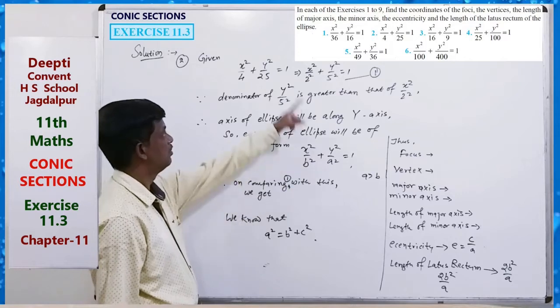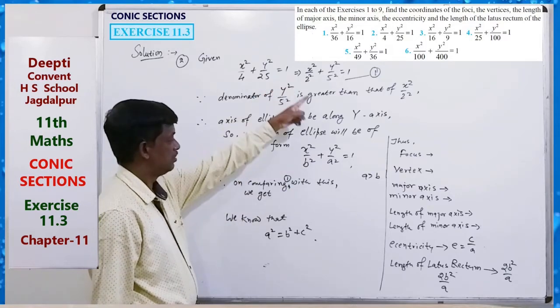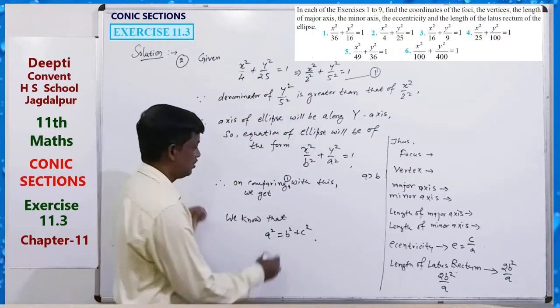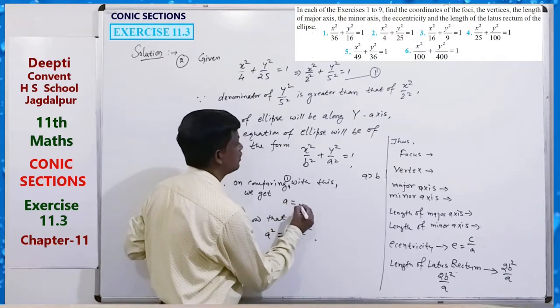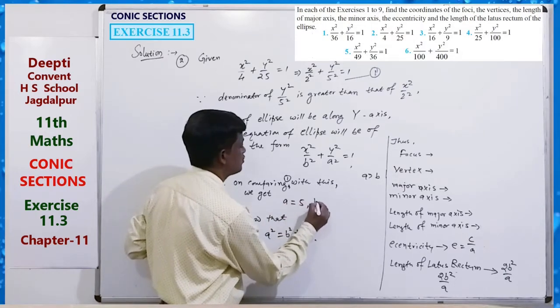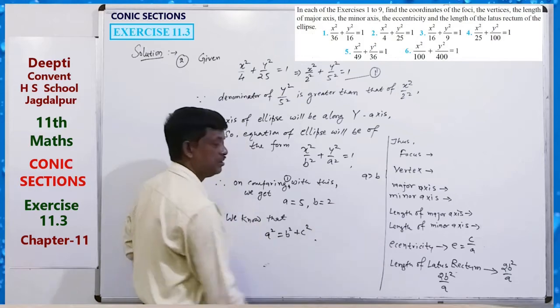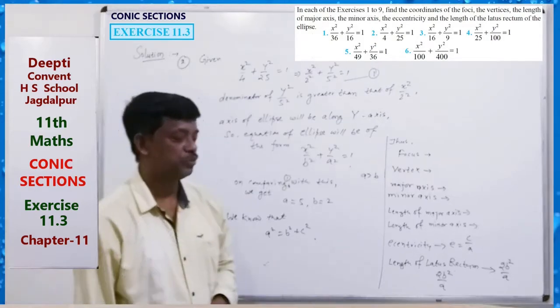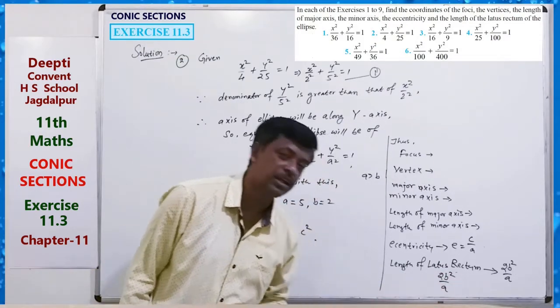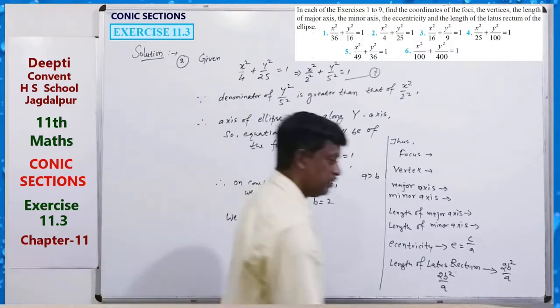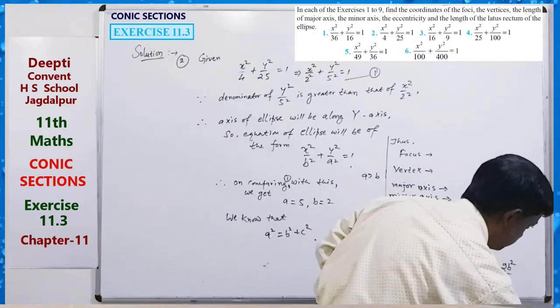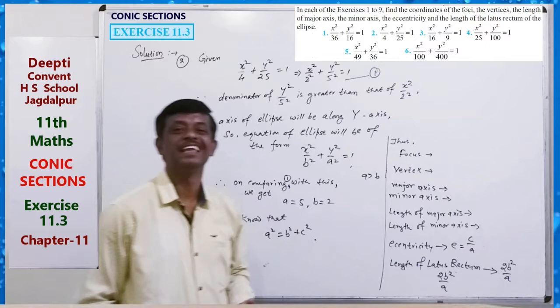Comparing with it, a equals to what? 5, b equals to 2. a equals to 5, b equals to 2. So this is a vertical ellipse.